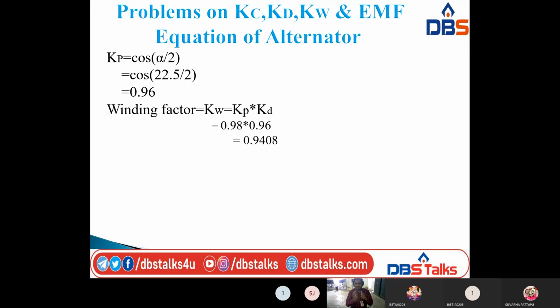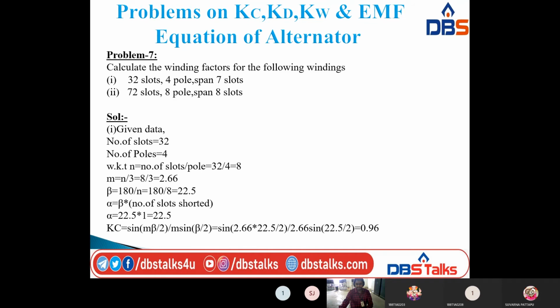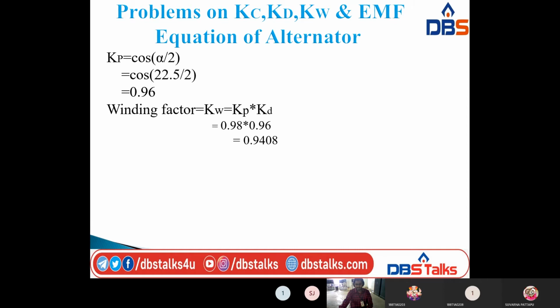Already we calculated the pitch factor, that is 0.98, into Kd value 0.96. Substituting, we have the value 0.9408. Please correct this also. The distribution factor is 0.96 and the pitch factor is 0.98.